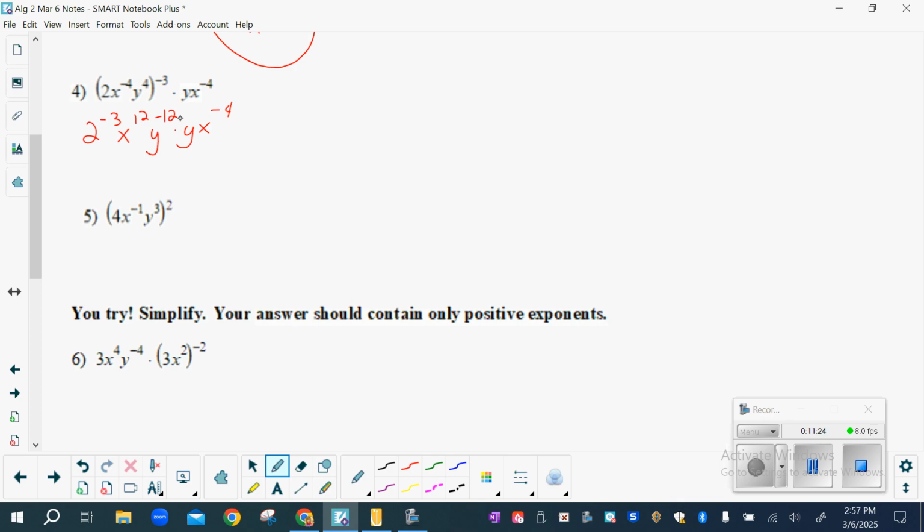Negative 12. Okay, so now we just want to bring our terms together. So we have a 2 to the negative 3, and then x to the 12th and x to the negative 4th. What does that become when we add those? Take x to 12 and x to negative 4.